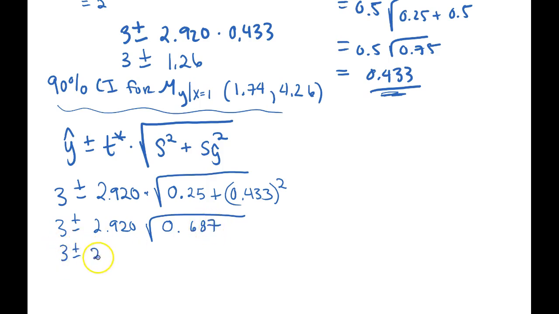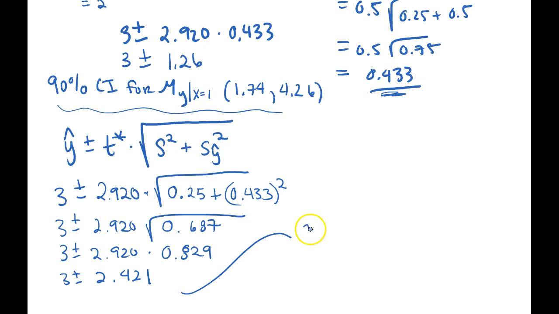So 3 plus or minus 2.920 times the square root of 0.687, which is 0.829, and we get a margin of error for our prediction interval of 2.421. What this means is that we have a 90% PI, prediction interval, for y when x is equal to 1 of 0.58 to 5.42.